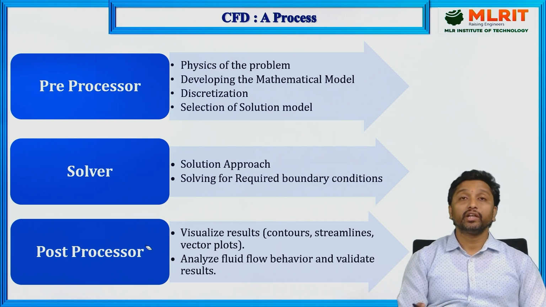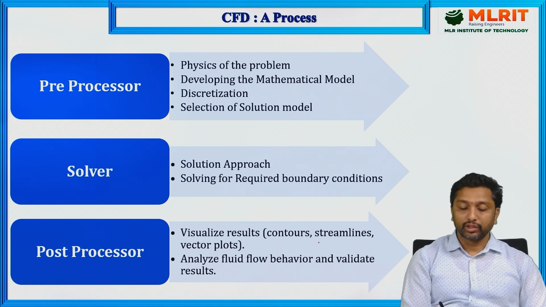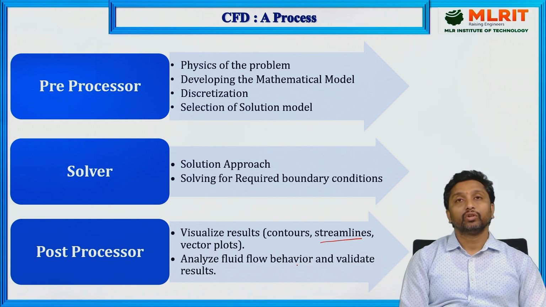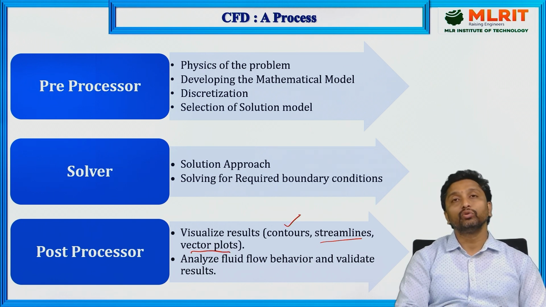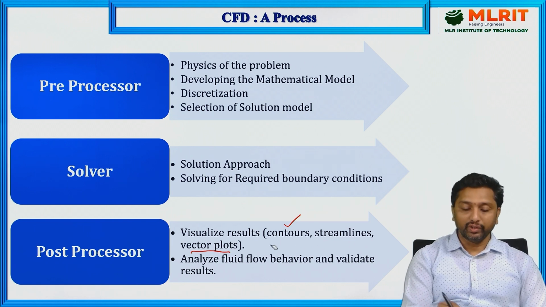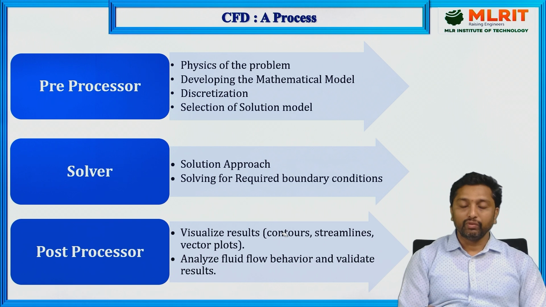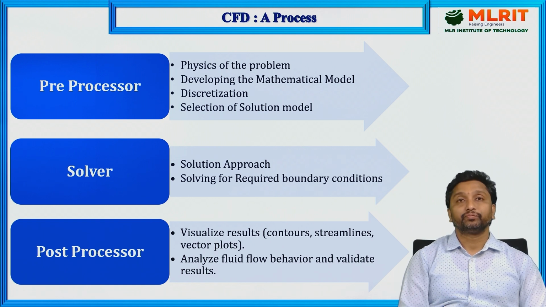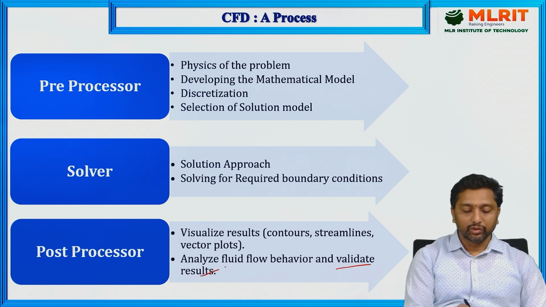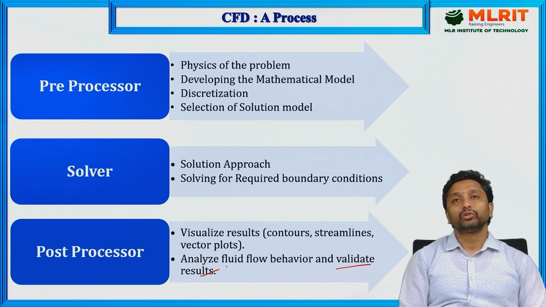We can predict that using streamlines of the object. We can plot vectors. We can look at the contours to predict how the parameter is varying throughout the flow domain. Once we have a proper understanding of that, we end up with the solution and certain conclusions. Based on the conclusions, we will be validating the results using an experimental approach to finalize the configuration.